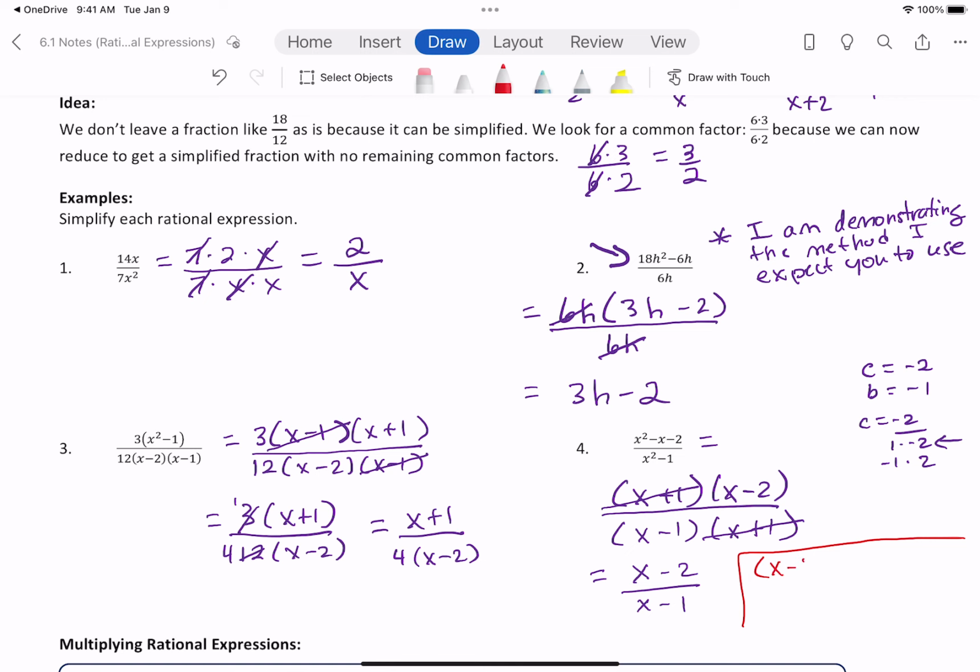That's the same as in the previous step. We had it in parentheses. So that x minus 2 is a single term, and the x minus 1 is a single term. So we'd have to have an exact match to be able to cross those off. Okay? So this is my most simple answer.